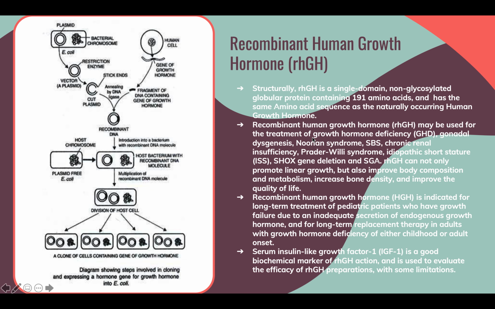The serum insulin-like growth factor 1, or IGF-1, is a good biochemical marker of recombinant human growth hormone action, and it is often used to evaluate the efficiency of rhGH preparations, which has some limitations, but it is a commonly used compound for testing the efficiency of rhGH.